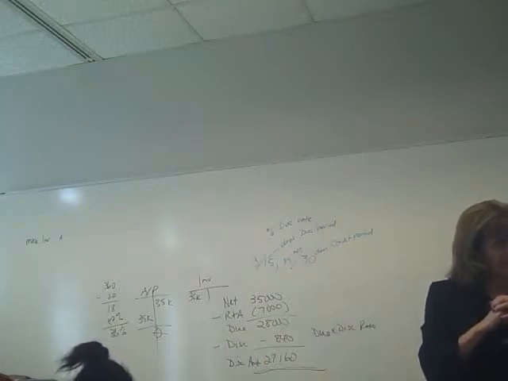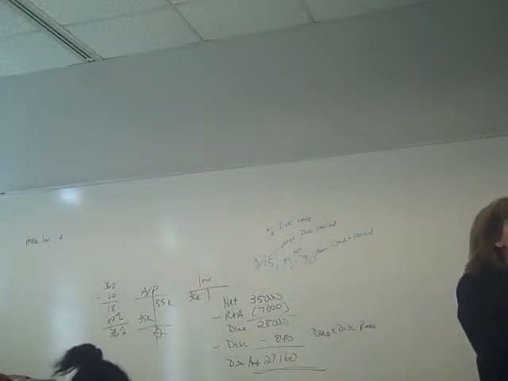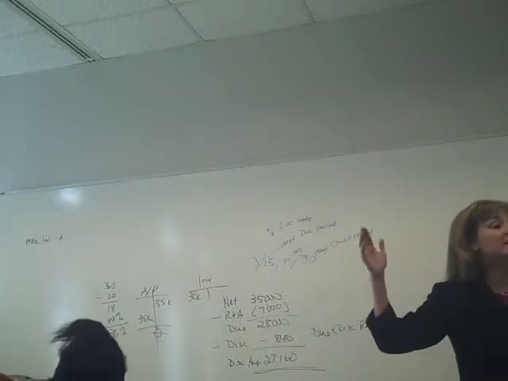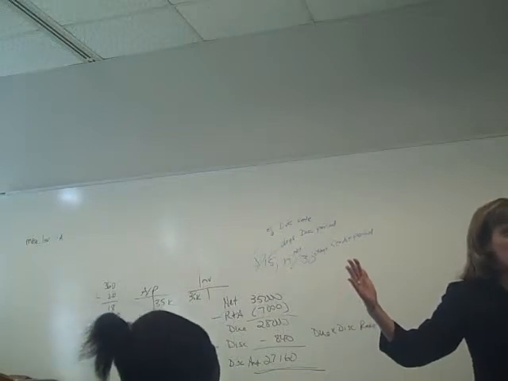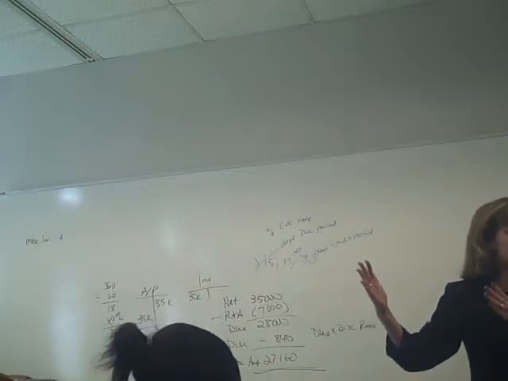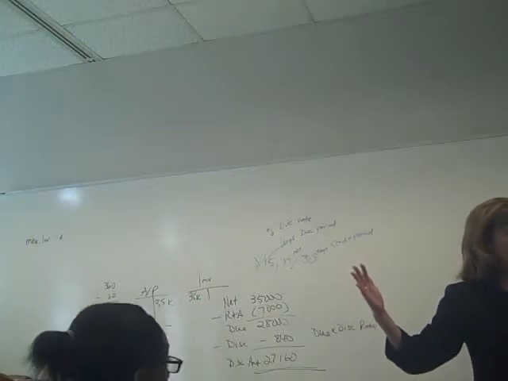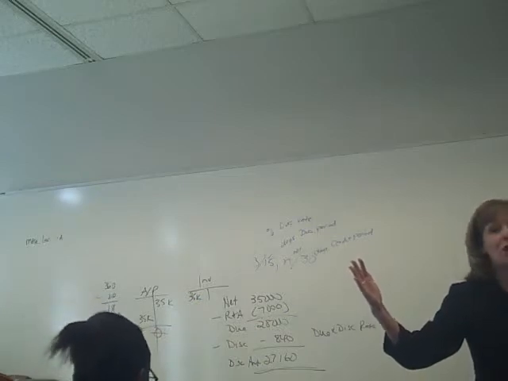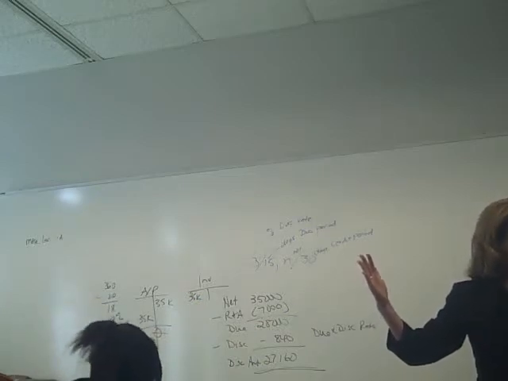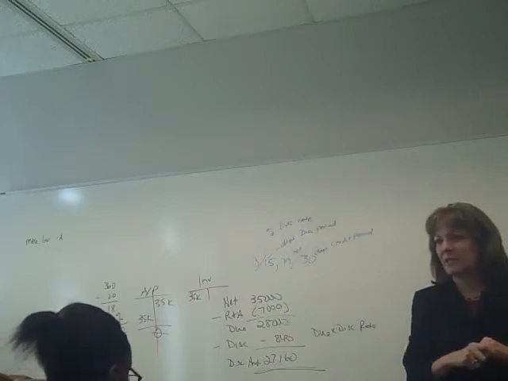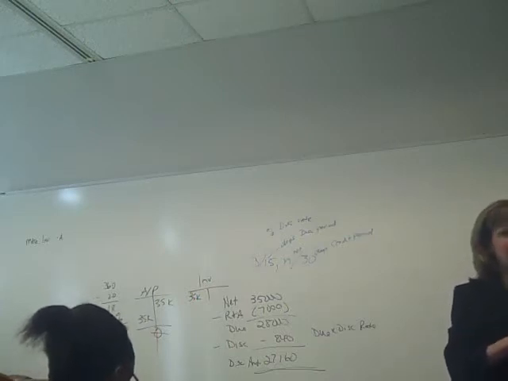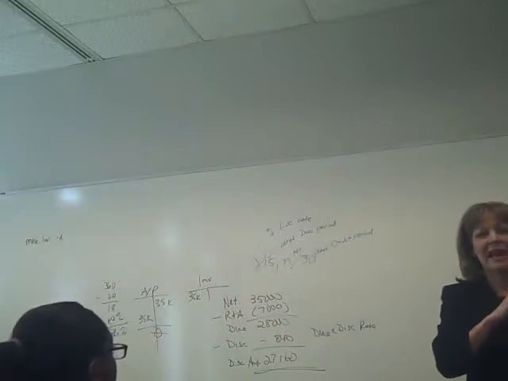FOB destination means it changes title at the destination. The destination is Tennessee. So somebody's got to own it. It's not Kara. She's just a subcontractor. So it belongs to the seller until it gets to the destination. So it's his responsibility to pay her, and it's his ownership.